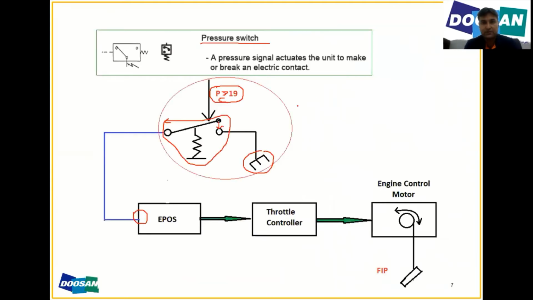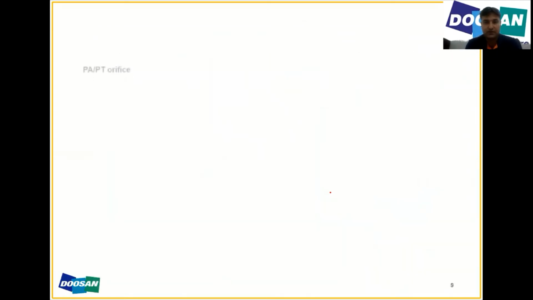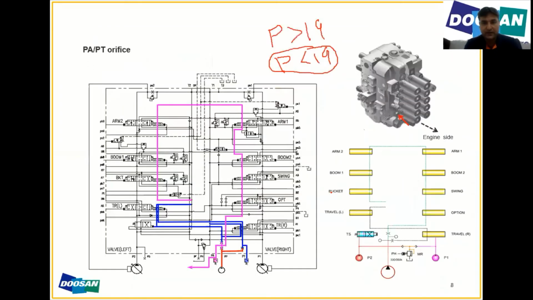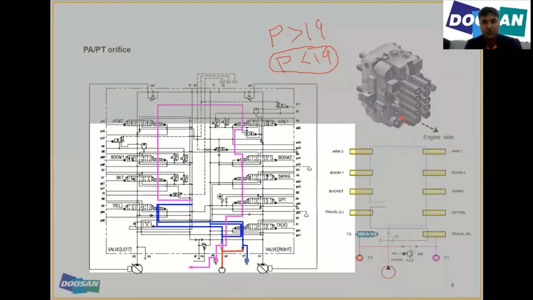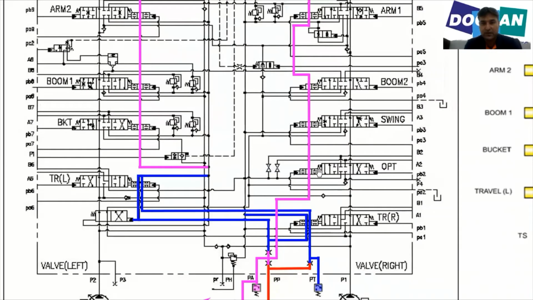We discussed in the previous slide that if it is less than 19 bar, it will disconnect this ground from the EPOS, and EPOS will ask the throttle controller to reduce the engine RPM to idle 1100, and the throttle controller will ask the engine control motor to release and retract the cable, so the RPM will come to idle.